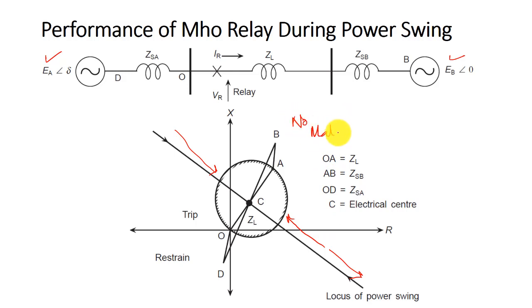So no maloperation during power swing, as it happens in case of reactance relay and your impedance relay, where there is a chance of maloperation. Okay, so this is how your Mho relay plays an important role as compared to impedance relay and the reactance relay. So let us see a comparison between distance relays.